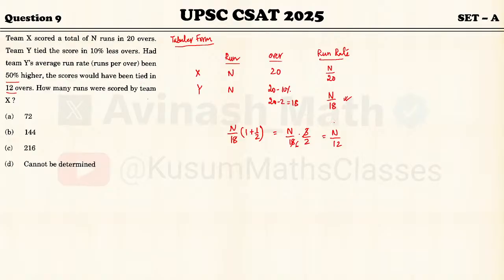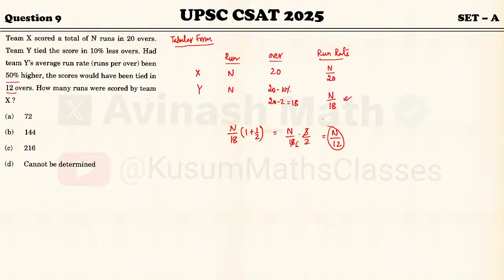So once the run rate is n by 12, it is evident that team Y will score n runs in how many overs? 12 overs, right? It is okay. So how many runs were scored by team X?